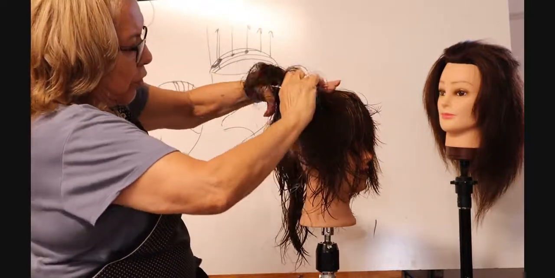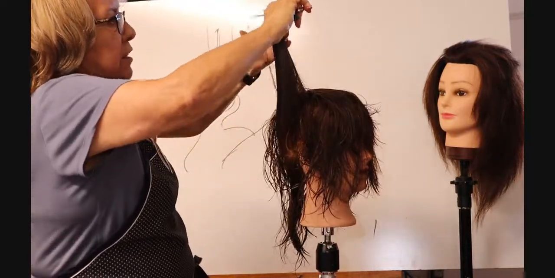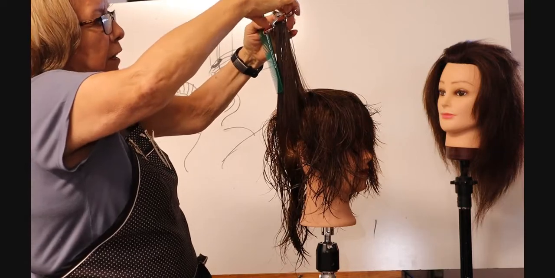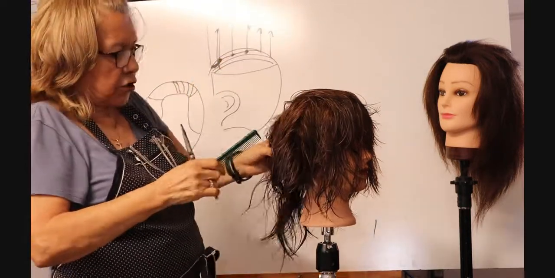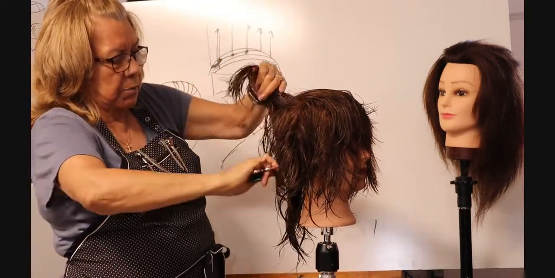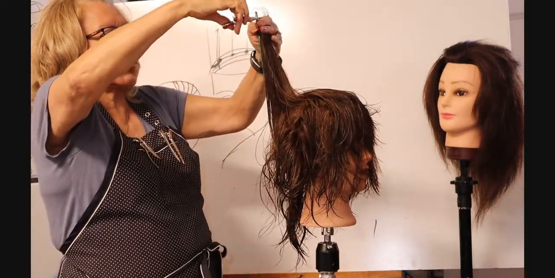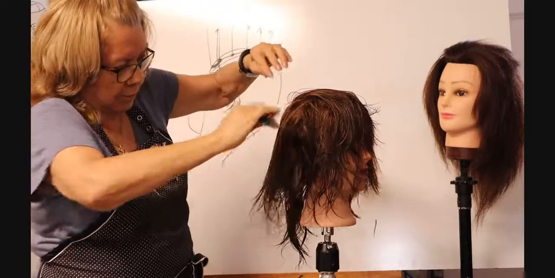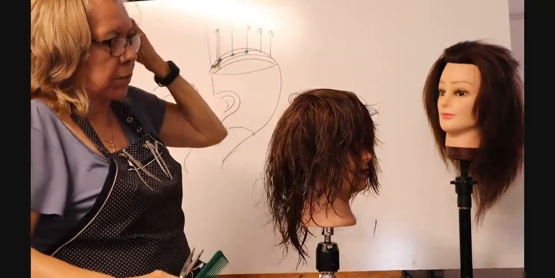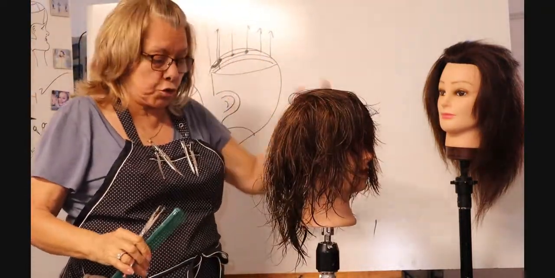Otherwise, you'll create corners or you'll create a slightly different variable on the cut. Okay, I'm running out of hair. I should have some hair at the center because this hair traveled, yeah I do, there it is. This hair traveled more than the other one. I'll still have a little bit of a V because we didn't take it that short.